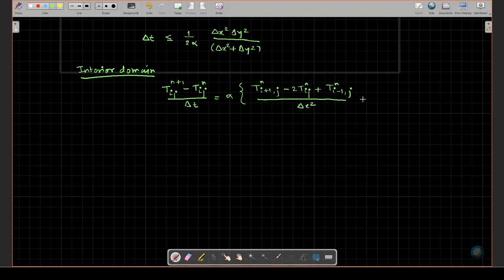Next it will be T i j plus 1 minus 2 T i j plus T i j minus 1, all at level n, over delta y square.